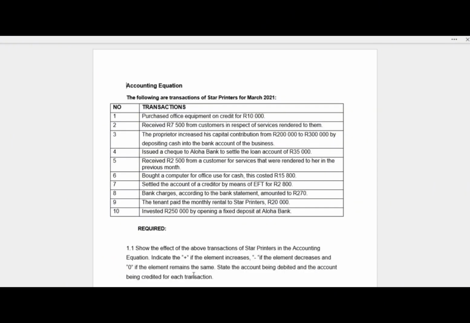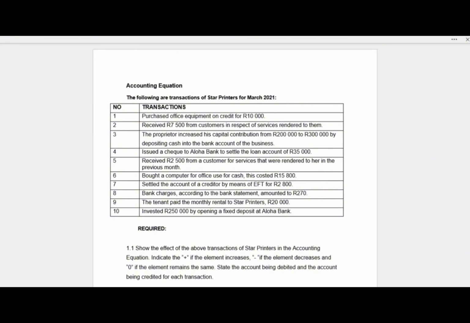And then transaction number 7, they say settled the account of a creditor by means of EFT for 2,800. So here you made a payment through transfer, electronic fund transfer. So you've transferred the money. It means the two accounts affected are bank and creditors control, because you made a payment to your creditors.